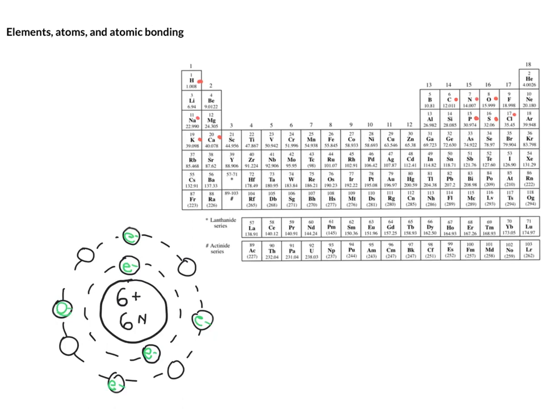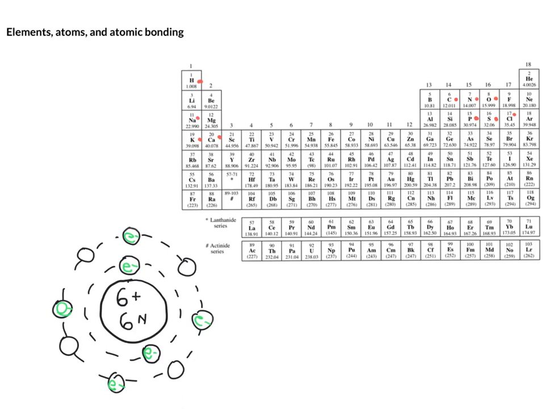So I've got a carbon atom represented here. This outermost shell, again we use the term valence shell to describe the outermost shell, is not full. So we have not satisfied the octet rule. So something's going to have to happen with this carbon atom, and that's where we're going to move forward into atomic bonding in just a moment.